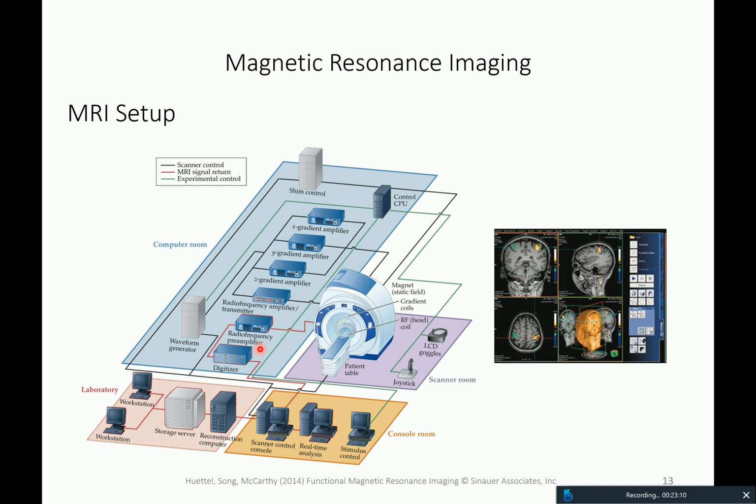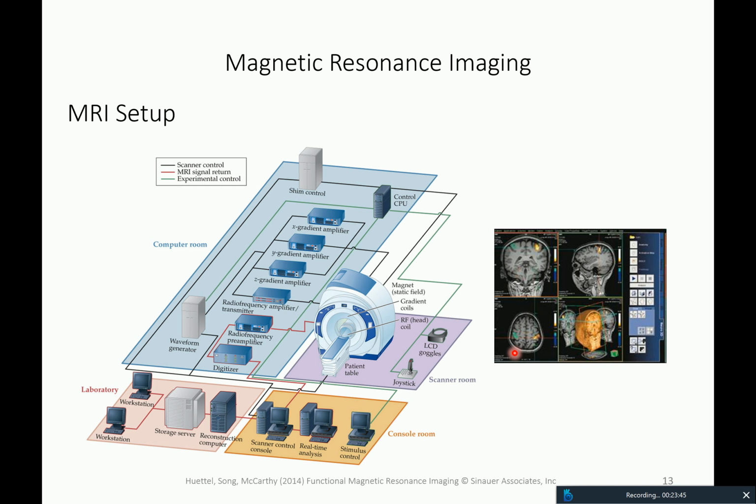This whole thing, of course, again needs a process that converts digital information into continuous physical information, and the other way around. So there might be something like a digitizer. And of course, all of this is controlled by a computer. So essentially, there's a scanner control console where you have a graphical user interface and can turn on and turn off the imaging process and say how the imaging process should be done.